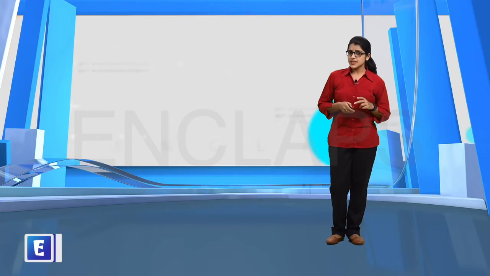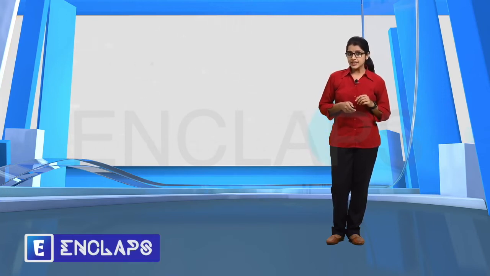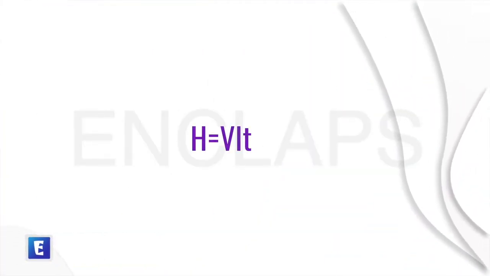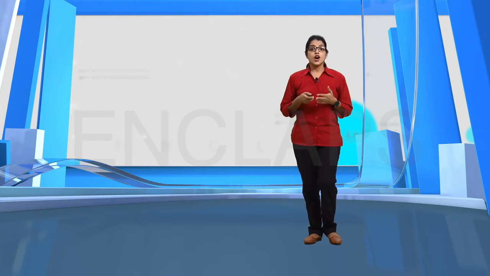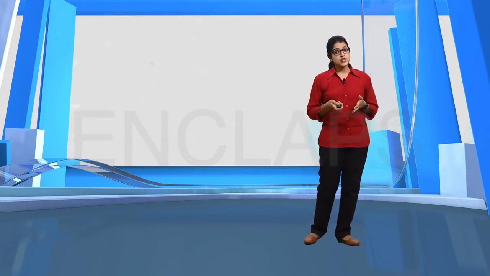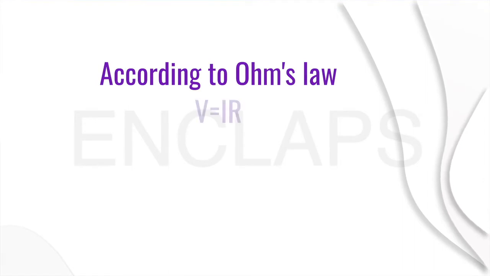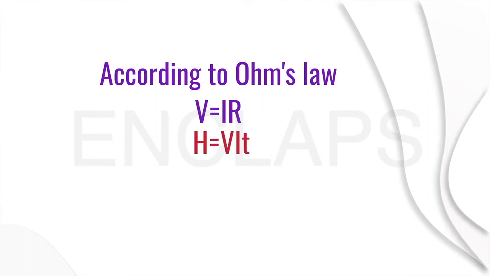We have learned an equation to find out heat, isn't it? H is equal to VIT. Now, let us look at the effective resistance for converting electric energy into heat energy. According to Ohm's law, we know that V is equal to IR, and from the heat equation, H is equal to VIT.